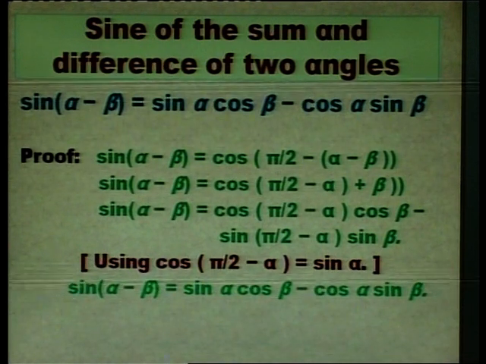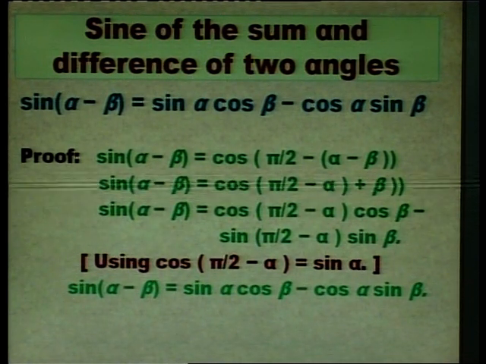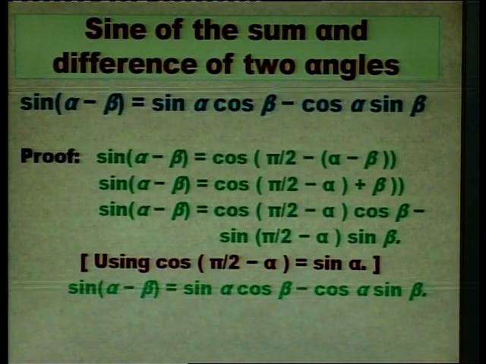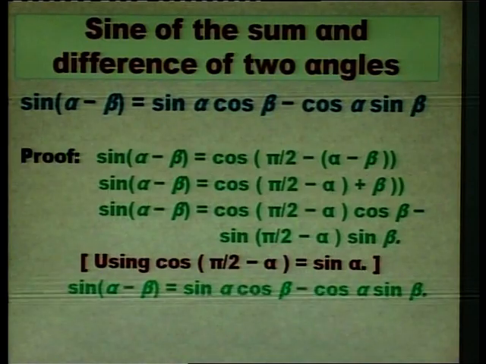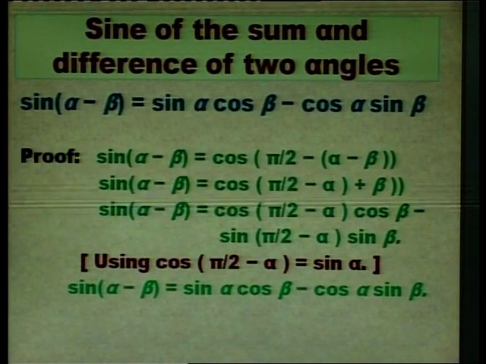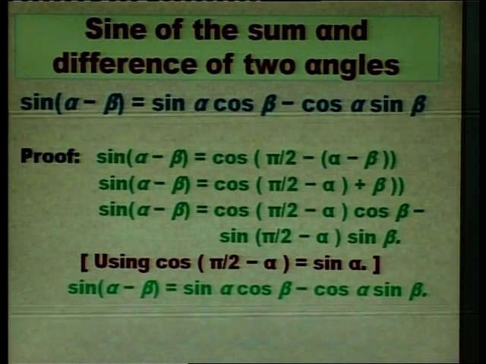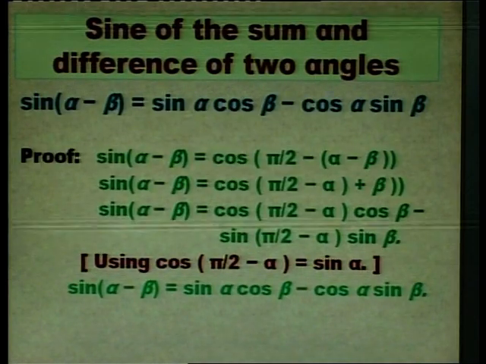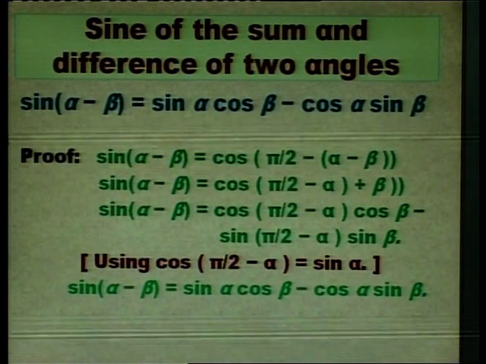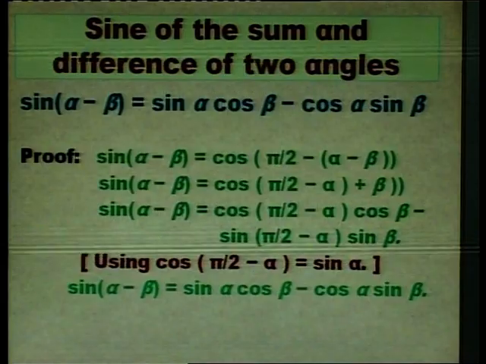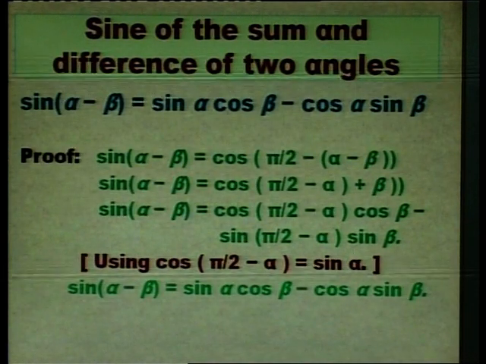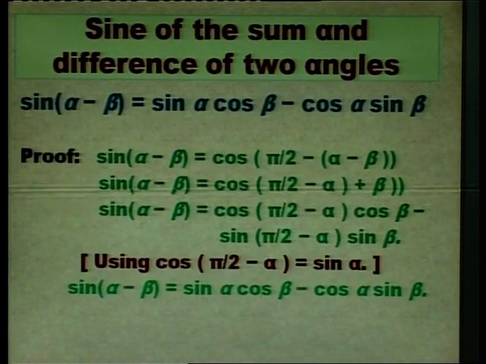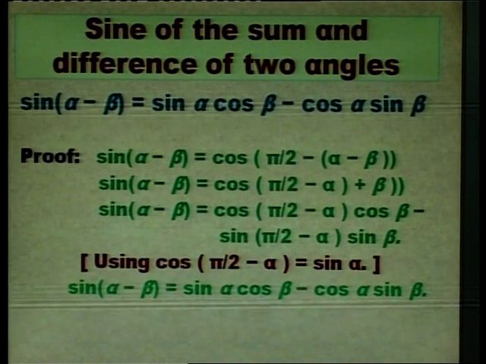All of you know cos of pi by 2 minus alpha is equal to sin alpha. By taking advantage of this formula, I have written sine of alpha minus beta is equal to cos of pi by 2 minus alpha minus beta.